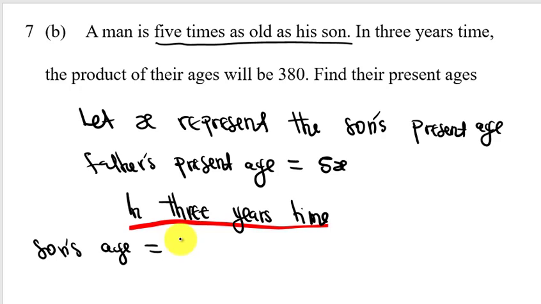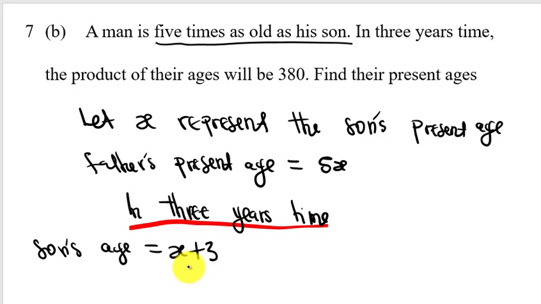Now, assuming that currently I'm 30 years old, in 3 years' time my age is going to be 33. I have to add 3 to my present age. In that case, if the son's present age is x, in 3 years' time the son is going to be x plus 3.